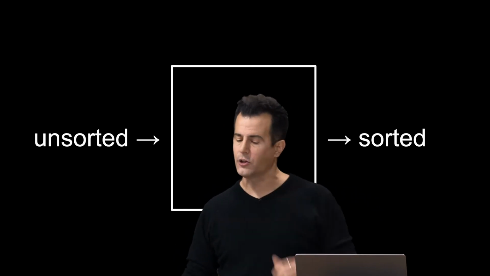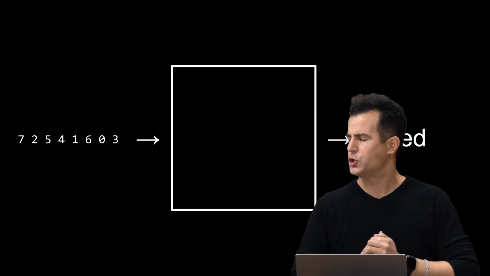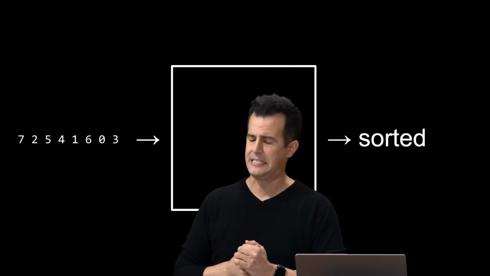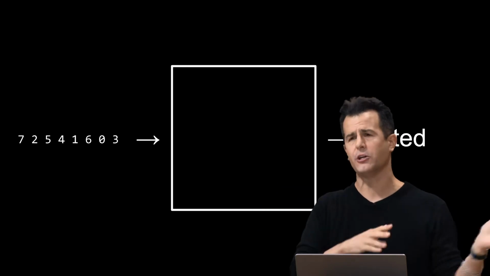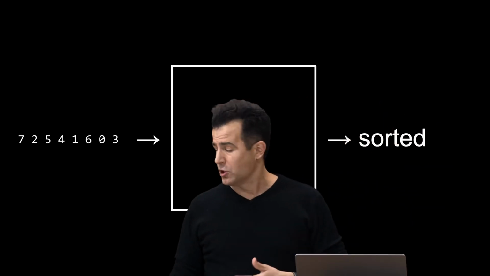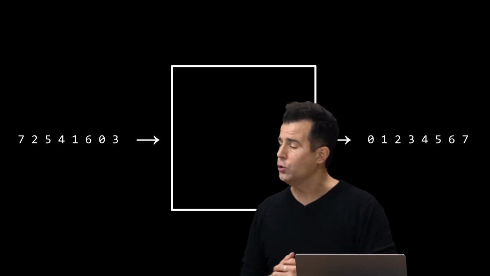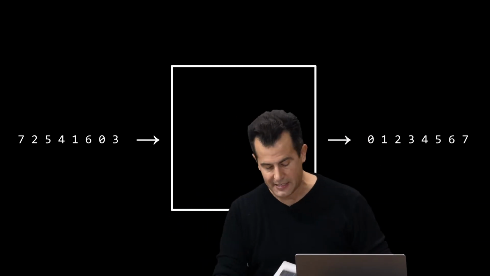And if we do this concretely, let's suppose that we want to go about sorting this list of numbers: 7, 2, 5, 4, 1, 6, 0, 3. So it's all of the numbers from 0 to 7, but they're somehow jumbled up randomly. That's going to be the input to the problem, and the goal is now to sort those so that you indeed get out 0, 1, 2, 3, 4, 5, 6, 7 instead.